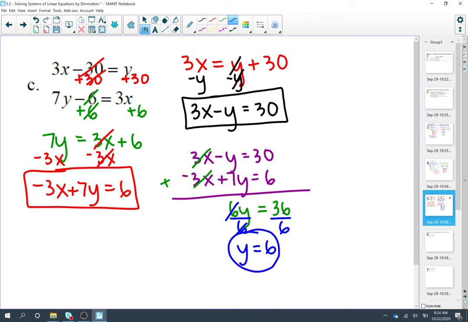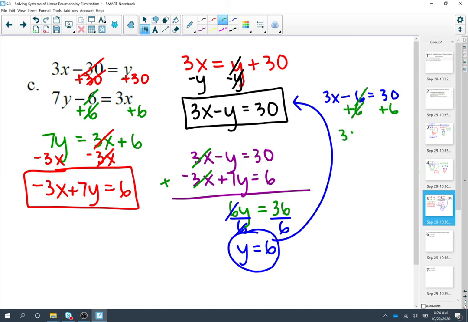You can put it back into the black one, you can put it back into the red one. It doesn't matter. I'm going to choose to go back up here, which is going to give me 3x minus y, which we said was 6, equals 30. Add 6.